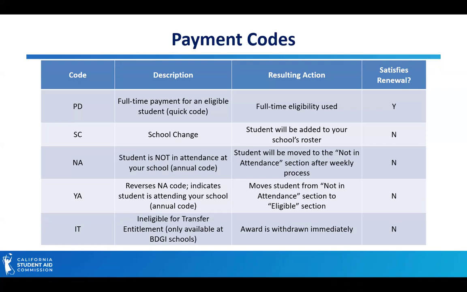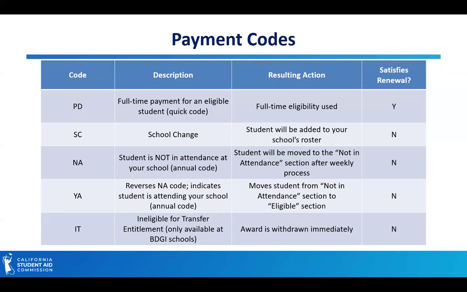But that will only be done after the weekly process. YA, or what I like to say is yay, because the student finally showed up on campus. To reverse the NA and bring the student back onto the active roster, we select YA.